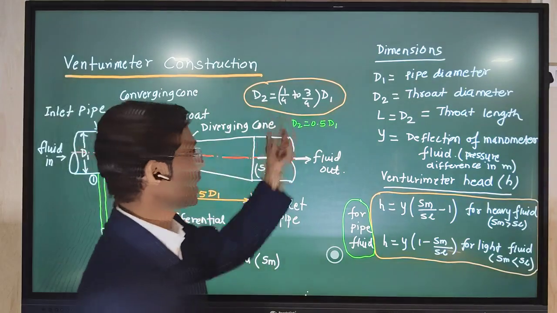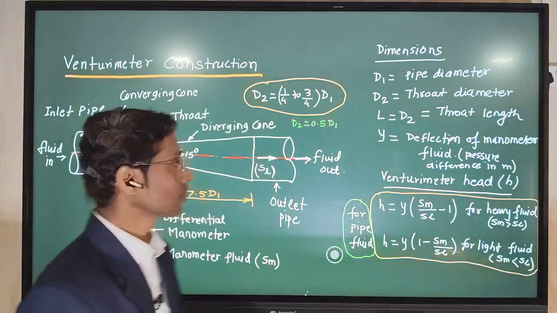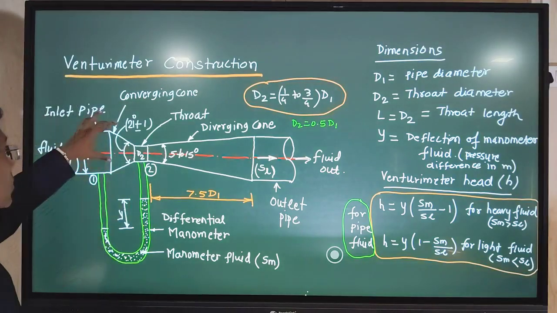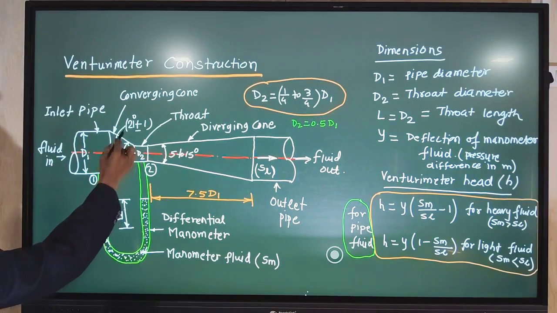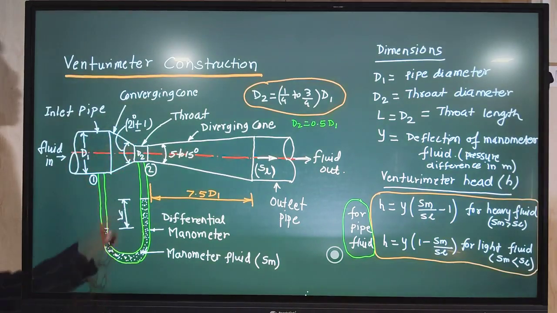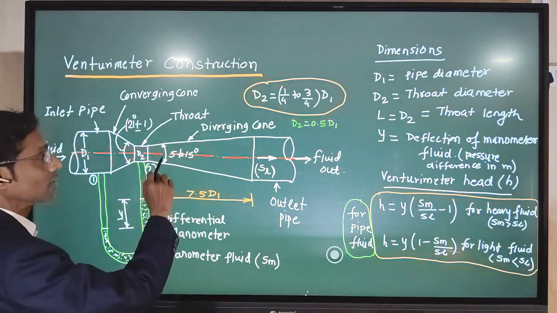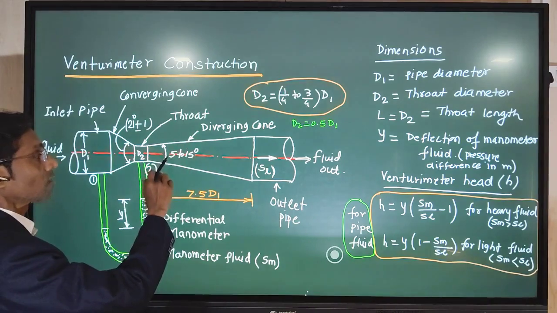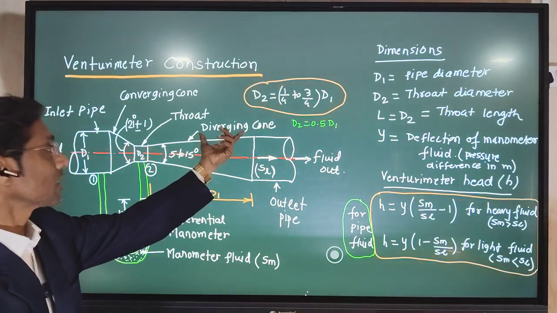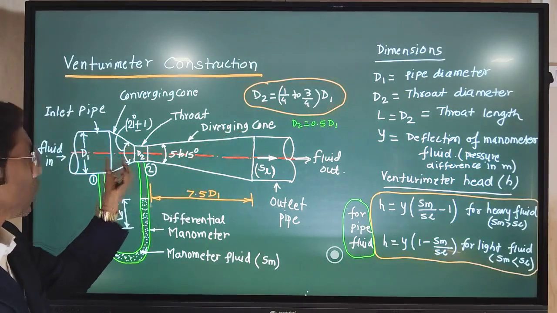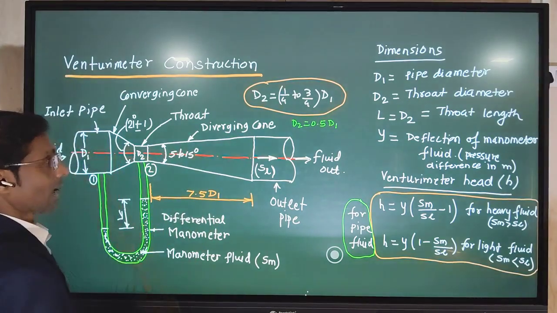The length of the throat is normally taken equal to the diameter of the throat. Now about the converging cone: the angle is maintained at about 21 degrees plus or minus 1. In the case of the diverging cone, the angle ranges from 5 to 15 degrees. The length of the diverging cone is more than the converging cone, about 7.5 times the pipe diameter.